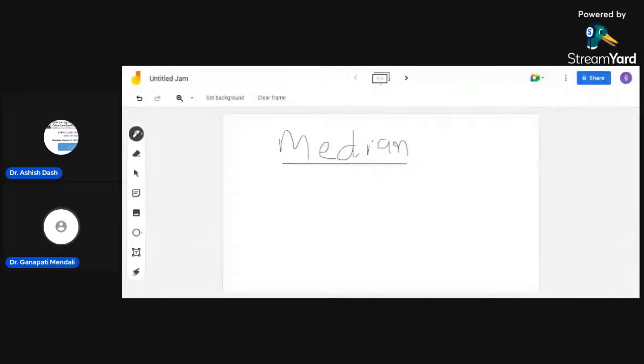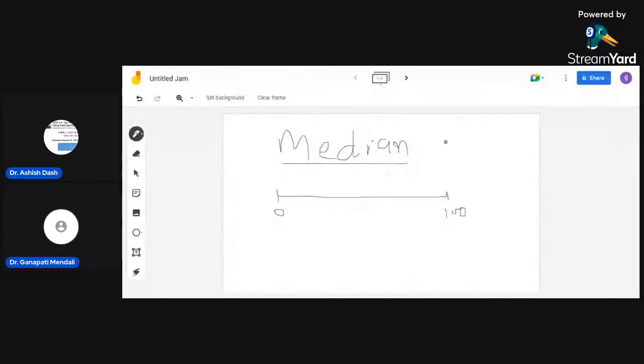Coming to the median, the median is a positional average, that means it divides the data into two equal parts. Suppose we have data from 0 to 100. It will divide the data into two equal parts.